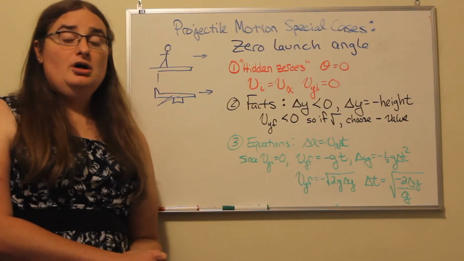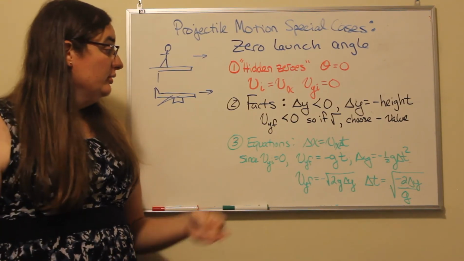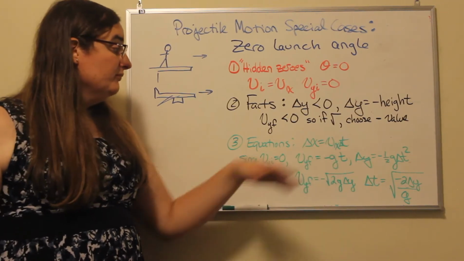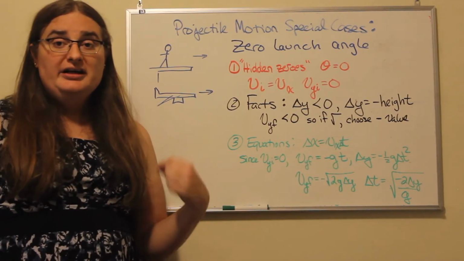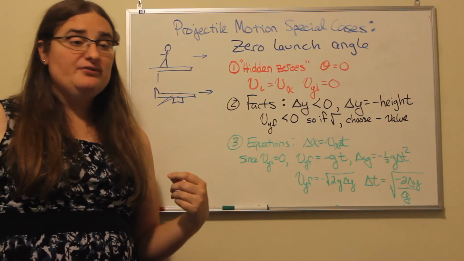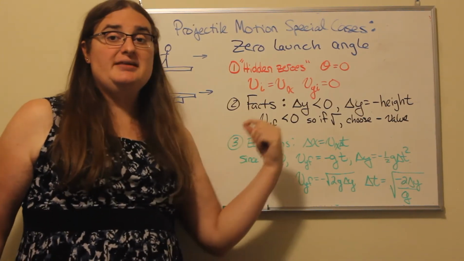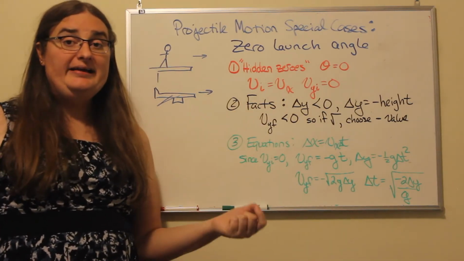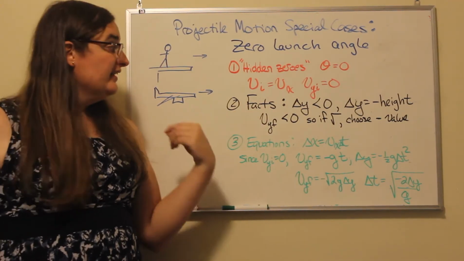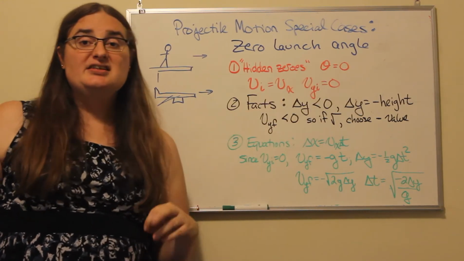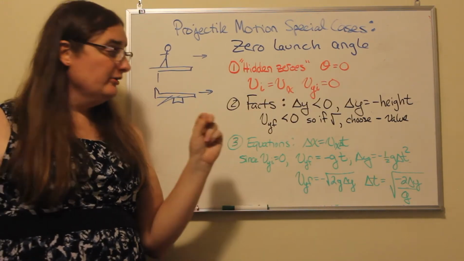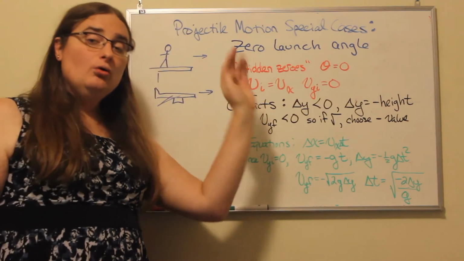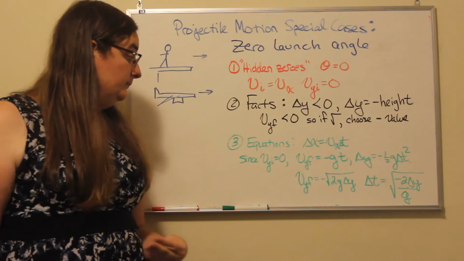And equations of motion. In the x direction for any projectile, really the only equation of motion we have is that the distance an object travels is the speed in the x direction times time. We could extend this because we could find the time, given that the initial velocity in the y direction is always going to be 0, if we know the height the object starts or the distance the object fell.